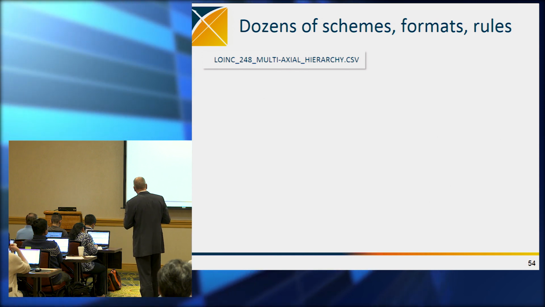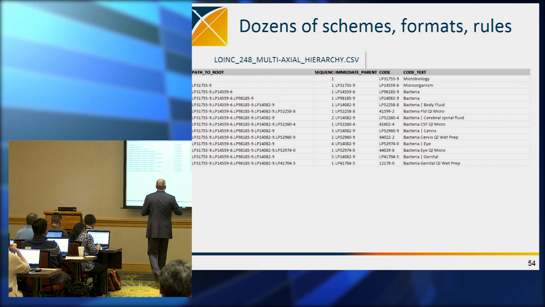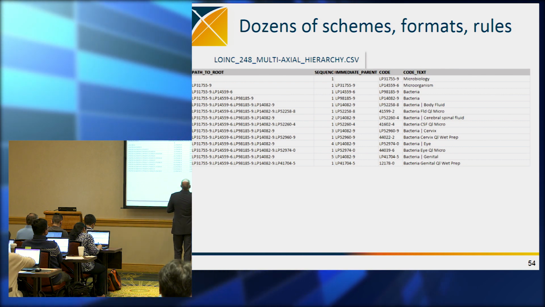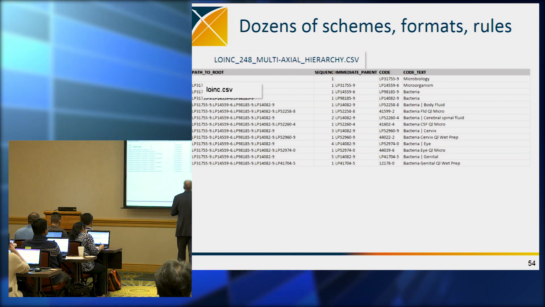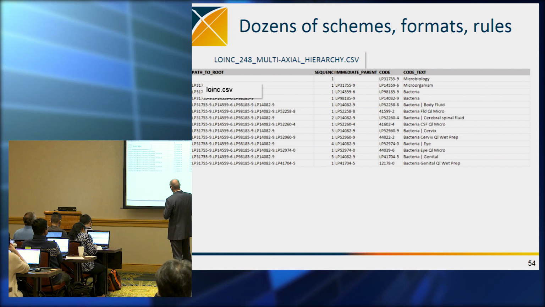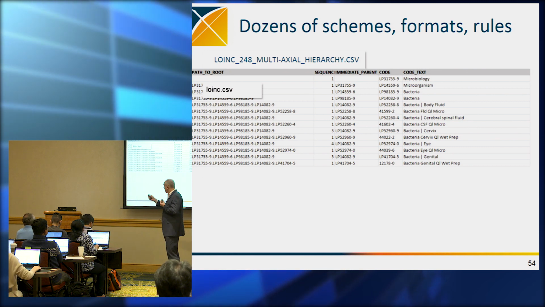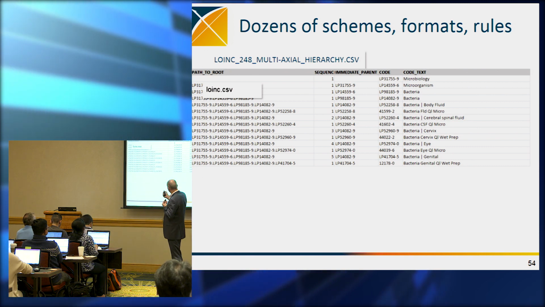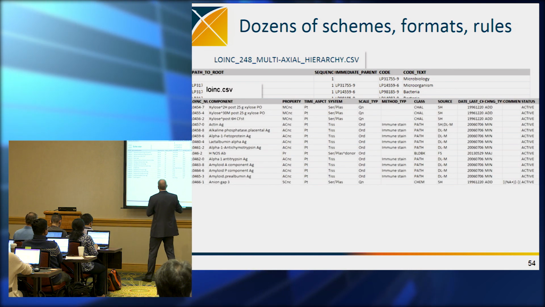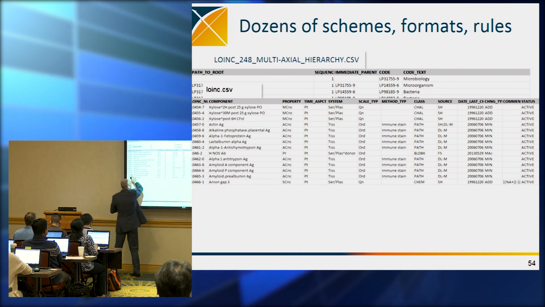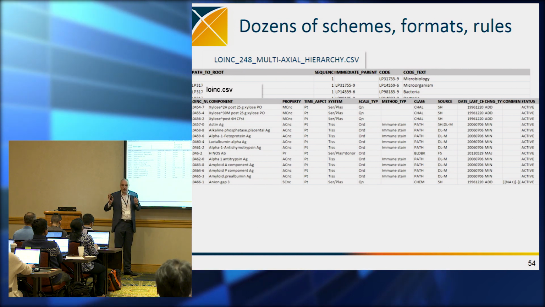When you download LOINC, the multi-axial hierarchy looks like this, and the LOINC code is called code. If you download the LOINC CSV, which is the actual reference table, this is a hierarchy table, then the LOINC code is called LOINC number. So all of them are completely idiosyncratic.